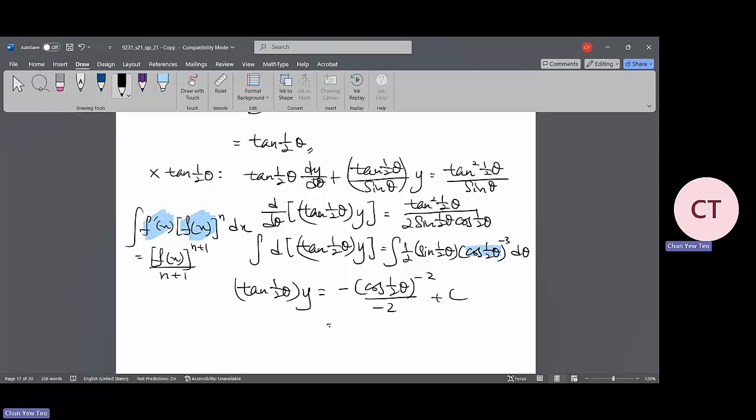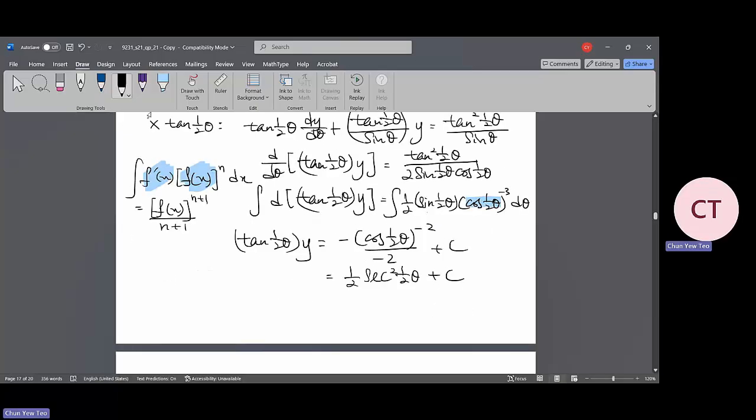So you will get this one as the half secant square half theta plus c. Okay, so you get something like this. Then we need to find the c. To find the c, when theta is equal to pi over 2, y is 1.